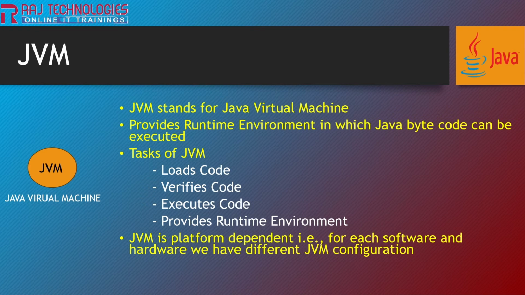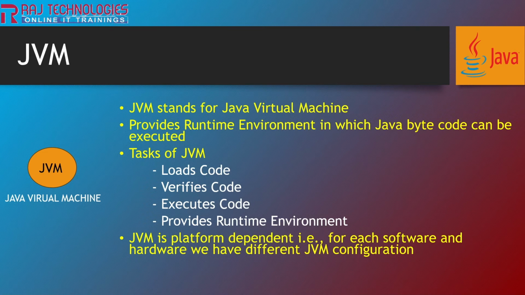The same software cannot be installed on Linux or Mac or Windows. The Java software we are installing is different for different operating systems. That's the meaning of JVM being platform dependent. That is, for each software and hardware, we have a different JVM configuration.